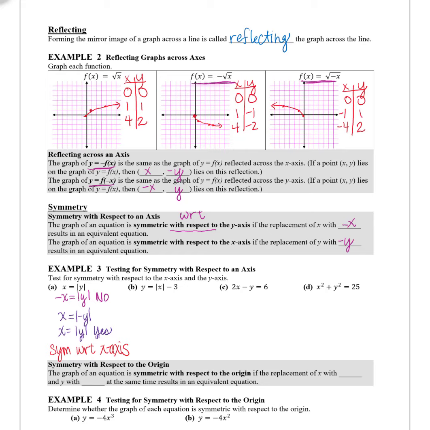Let's try part B. Let's replace the x with negative x. Well, if I have a negative number in the absolute value, it's the same thing as the absolute value of a positive number. And is that equivalent to the original equation? And yes, it is. This is yes. Now let's replace y with negative y and see what we get.